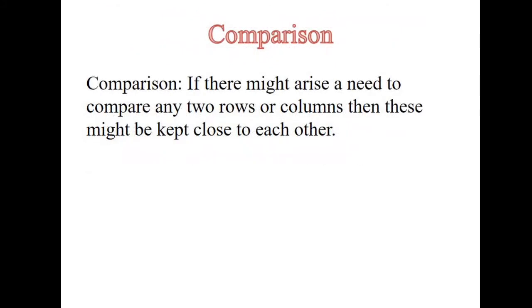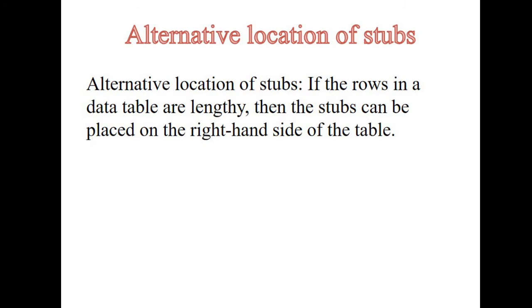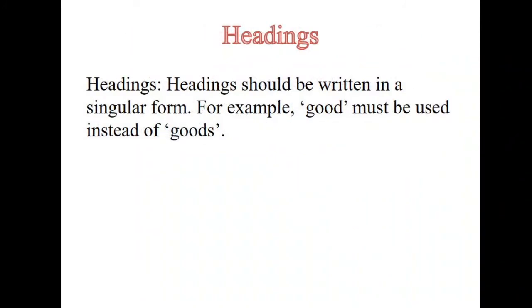Comparison. So, the rows and columns we need to compare easily. Alternative location of stubs. If the rows in a data table are lengthy, then the stubs can be placed on the right hand side of the table.